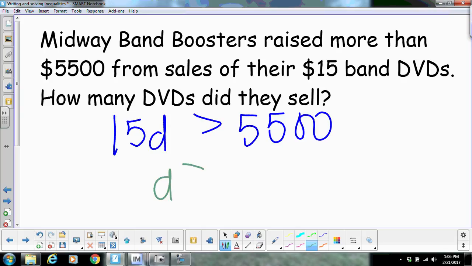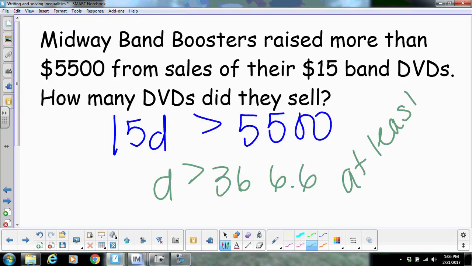Okay, you got 366.67 or whatever you want to go. Okay, so now can they sell 366? No, so they need to sell at least 367. Okay? All right, so everybody with me?